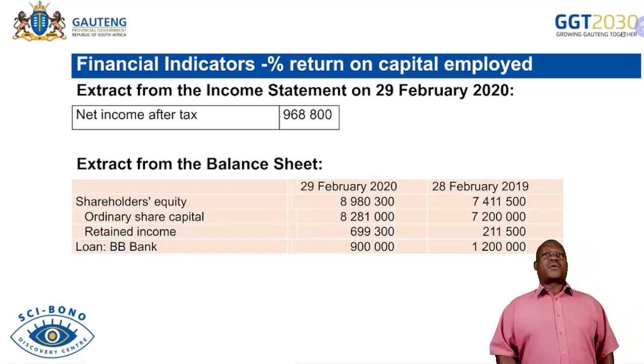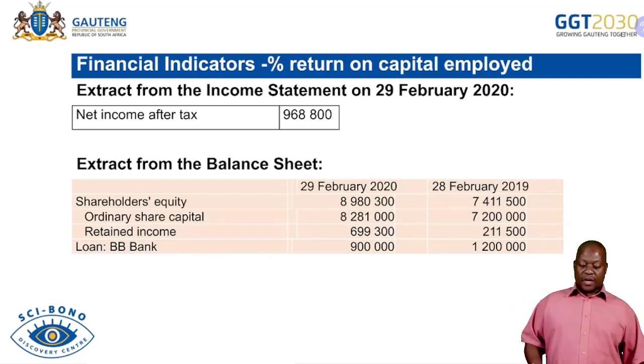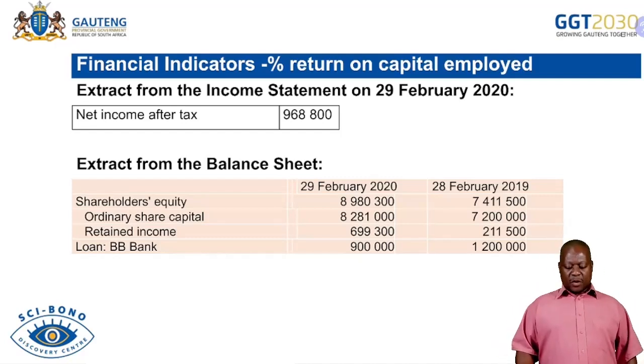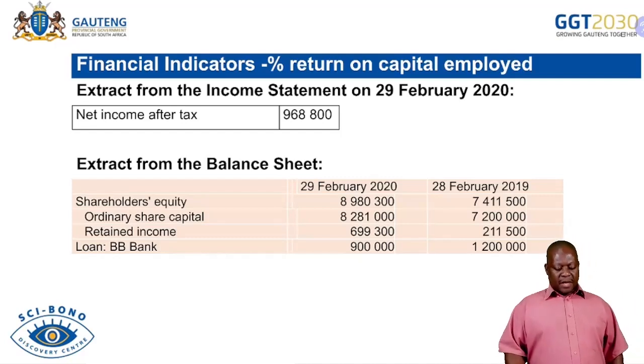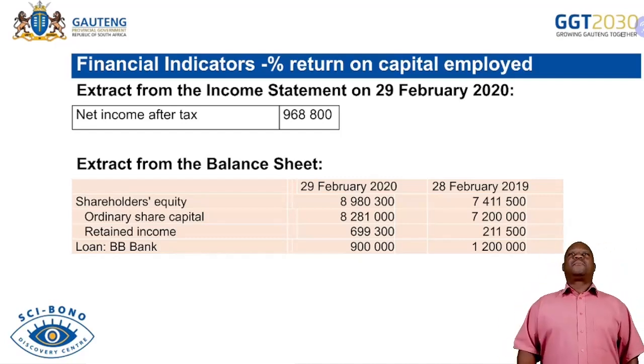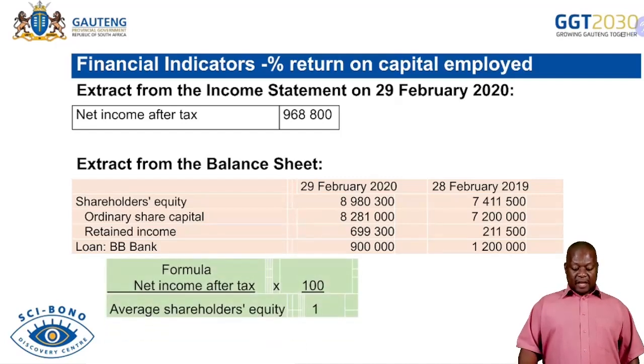They want us to calculate the percentage return on capital employed. Now, please take note, when it comes to the percentage return on capital employed, it is net profit. We divide this by capital employed.